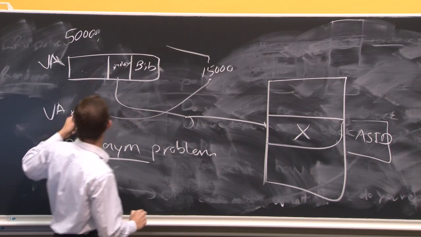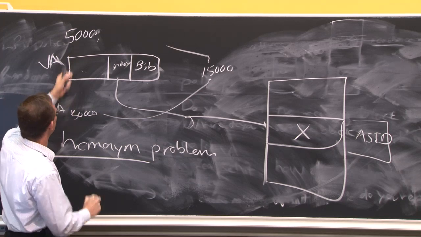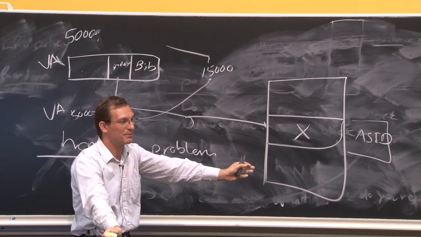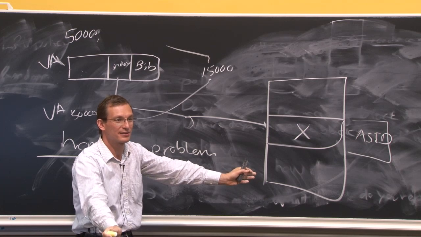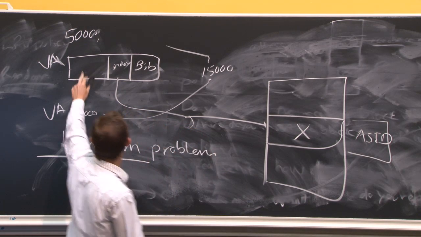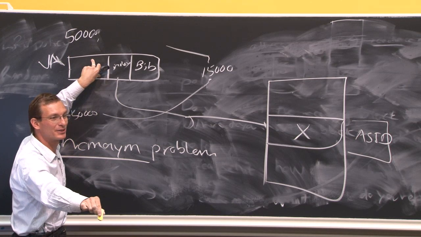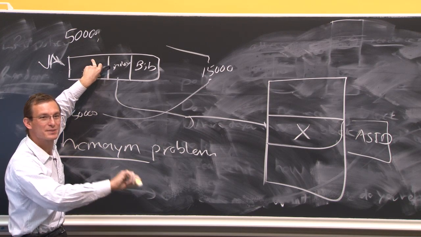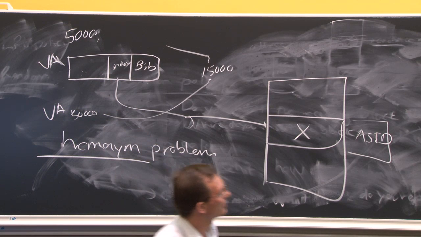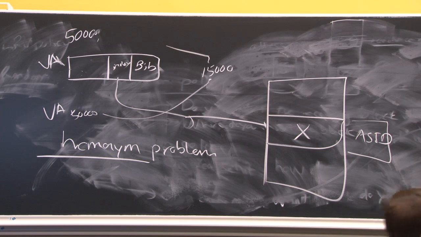And if your cache is totally virtual, these two virtual addresses will be in different locations in the cache. Whereas they have the same data, really, because it's really the same physical address. Which means that when you update it with one virtual address, you'd better update the other one also. So you have a coherence problem. Make sense? Let's take a look at how we can actually solve the problem. This can lead to inconsistency in data.